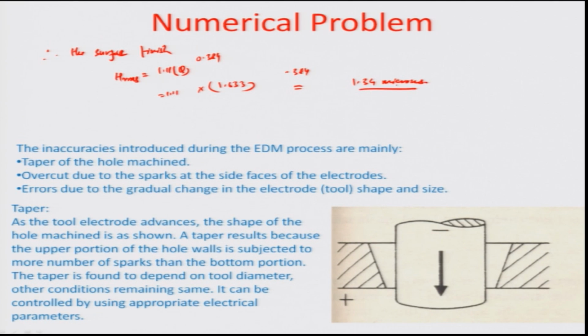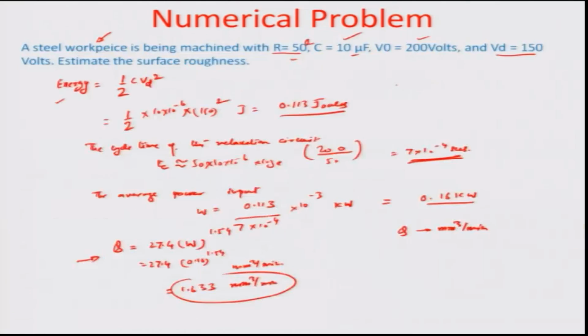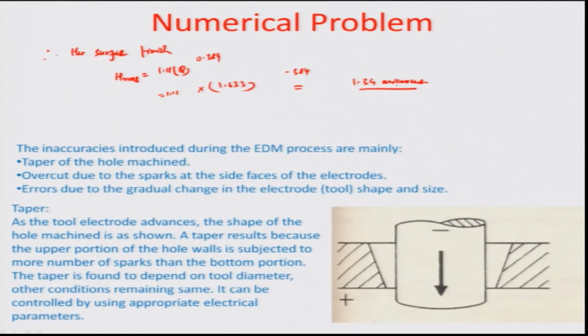So, the surface finish for this small a spark is roughly similar to what you get for around finish turning, or even to some extent finish boring, or probably to some extent reaming processes. So, that is how you can define surface roughness, particularly for steels while cutting it in the EDM process.